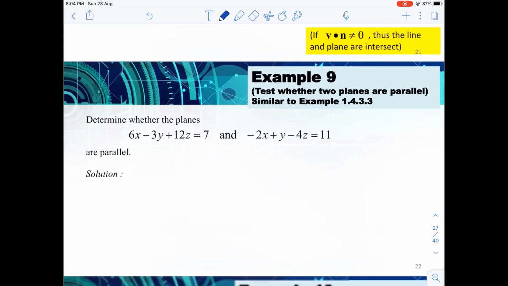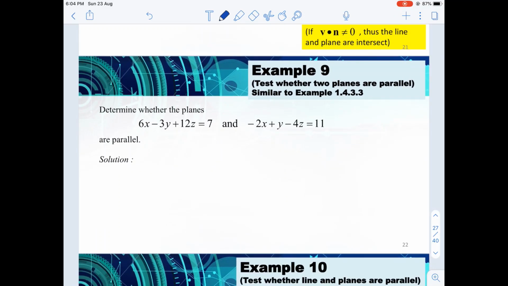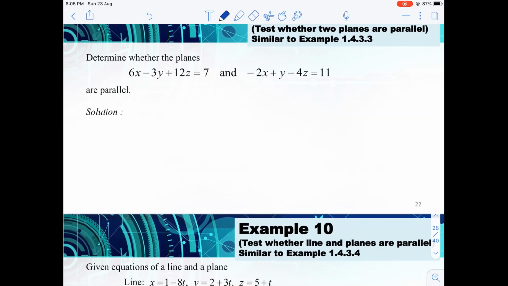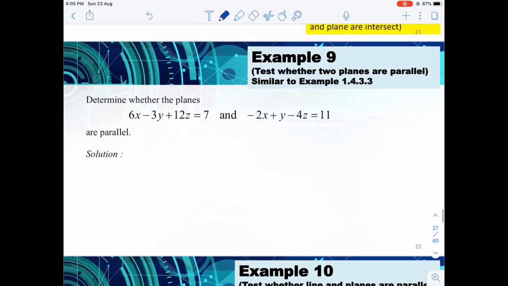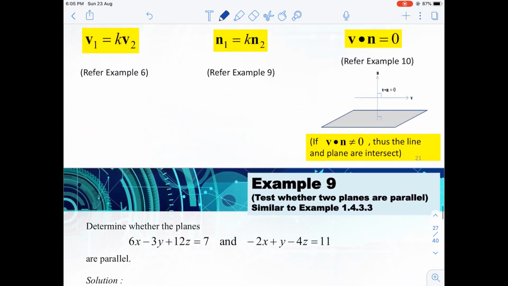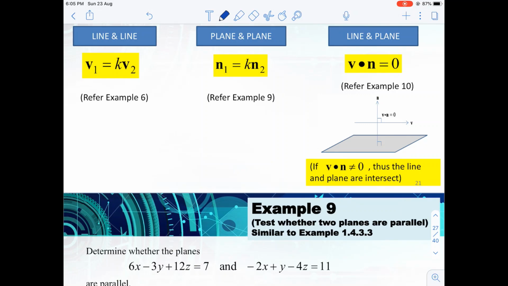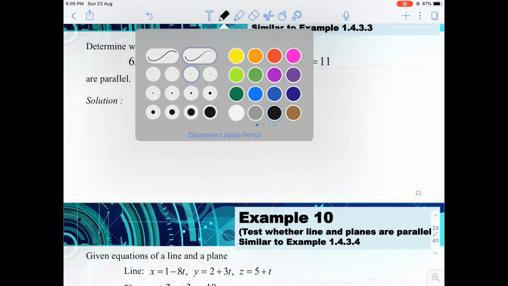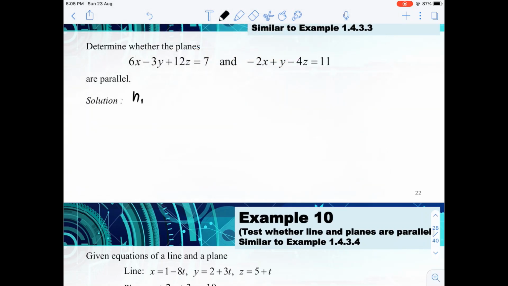Okay, example 9. Test whether two planes are parallel. This example is similar to example 1.4.3.3 in our module. I just changed the values here. So we need to use the second formula here. First of all, we need to identify what n1 is.